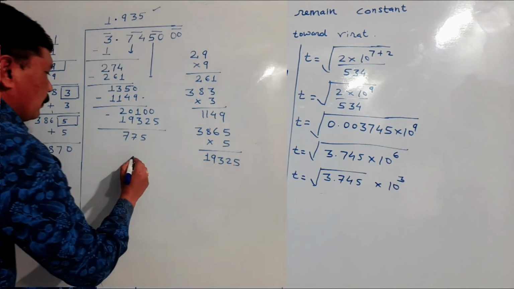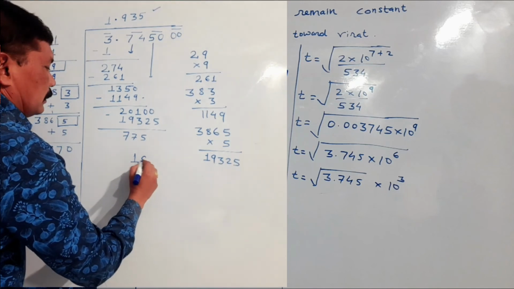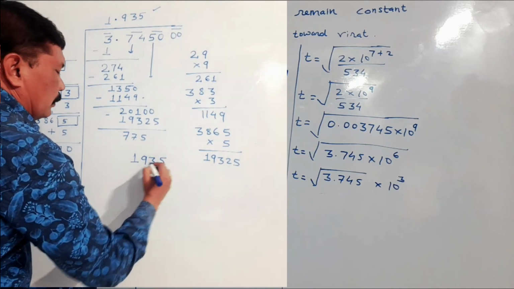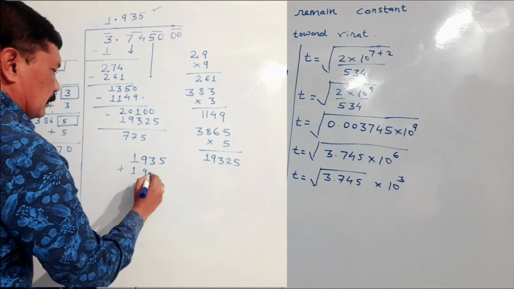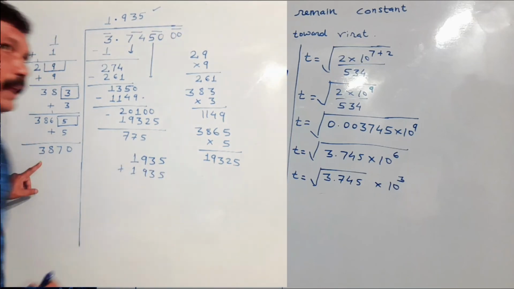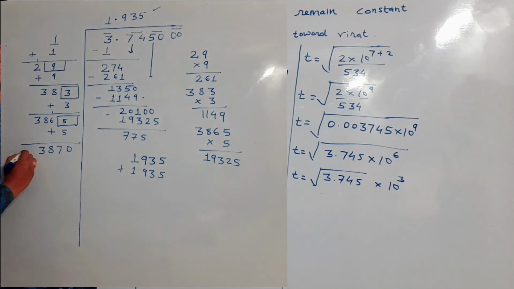Now if we take 1, 9, 3, 5 and double it, then we should get the answer, that is 3870.